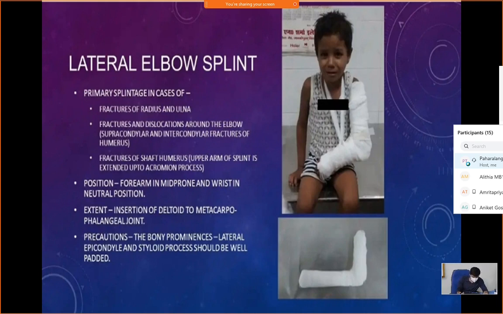Okay, because in orthopedics the rule is that you have to immobilize two joints, one above, one below. So we incorporate the wrist here, because if you don't immobilize the wrist and there is wrist movement, there will also be movement of the radius and movement around the elbow.